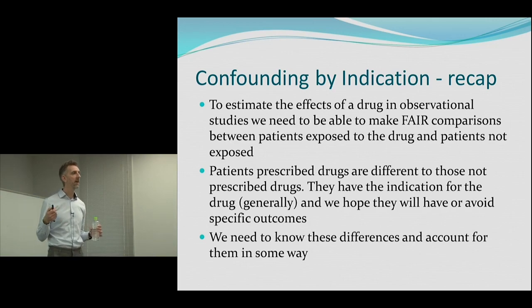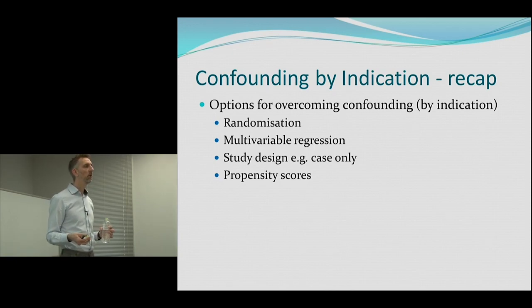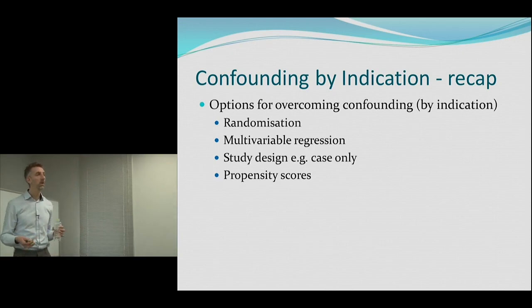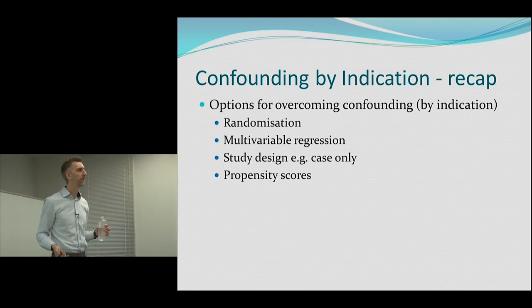We need to try and account for those differences as best we can and then do our analysis. So options for overcoming confounding of any kind are randomization, as we know, multivariable regression, we could use a case-only approach, as we talked about earlier, or we could potentially use propensity scores. There are other methods too, but these are four of the most common.